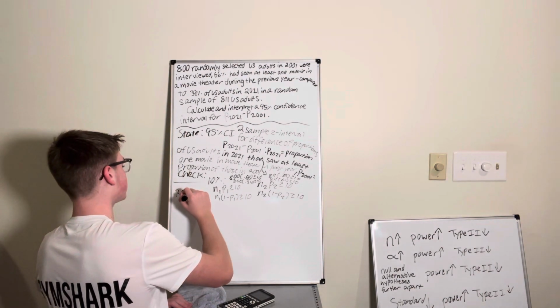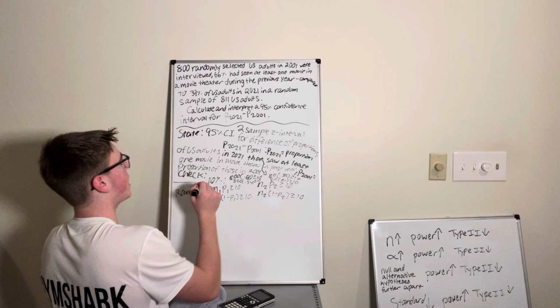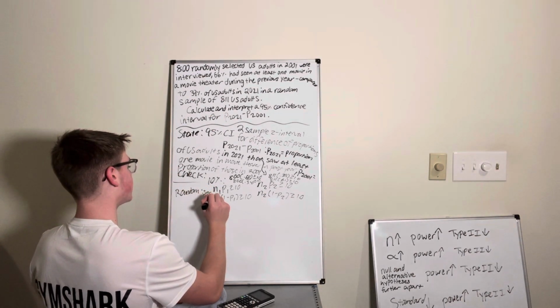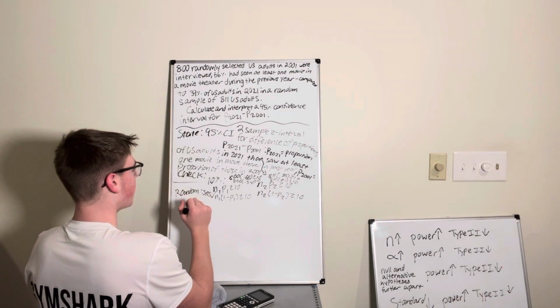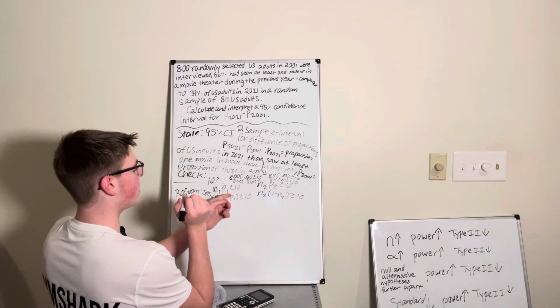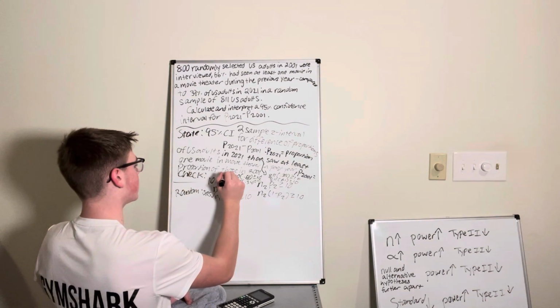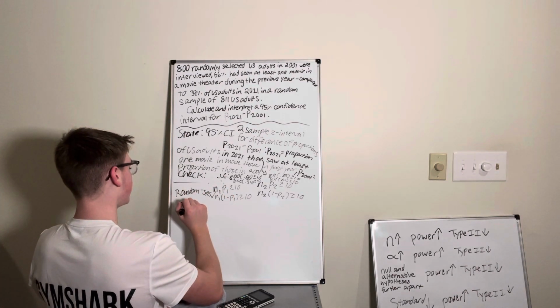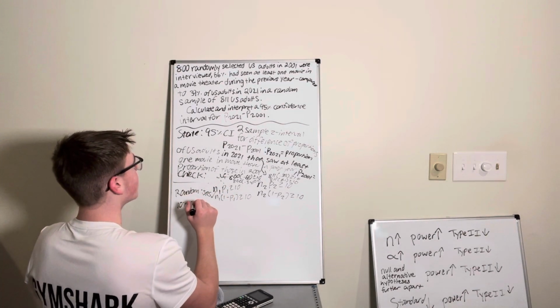Random is next. And it's just random sample. So I'm just going to say SRS, simple random sample. Check. Oh, that wasn't even 10%. Sorry, that was large counts. I'm just going to say that's large counts and get rid of this 10% here. And then 10%, again, you need two 10% checks.